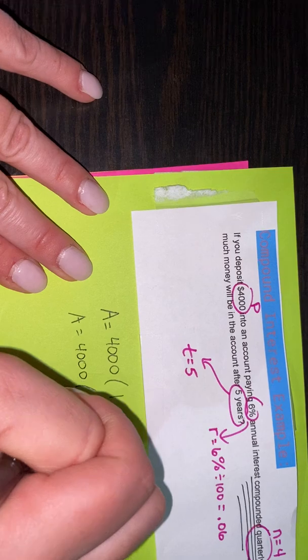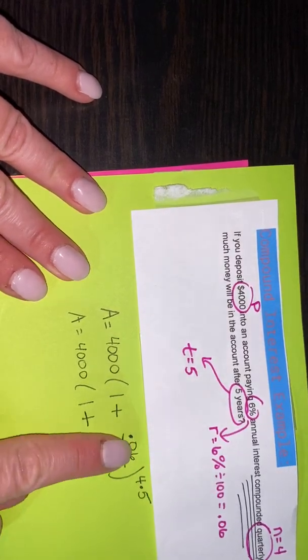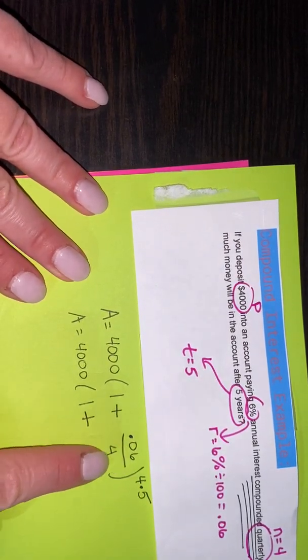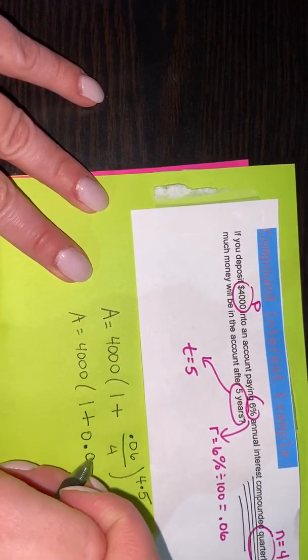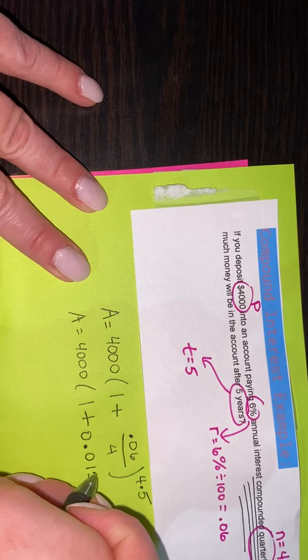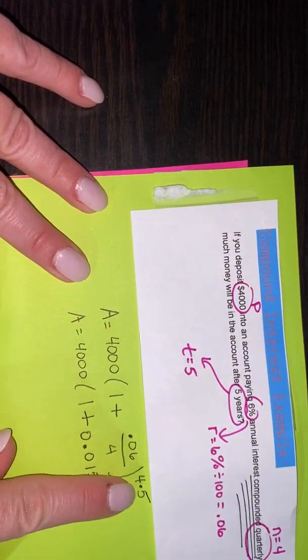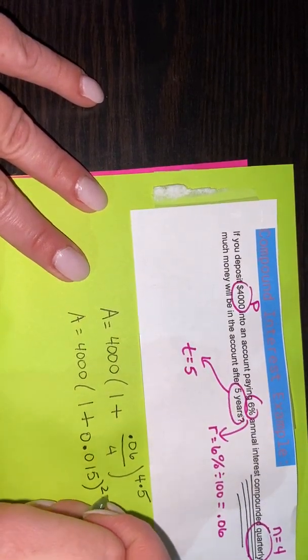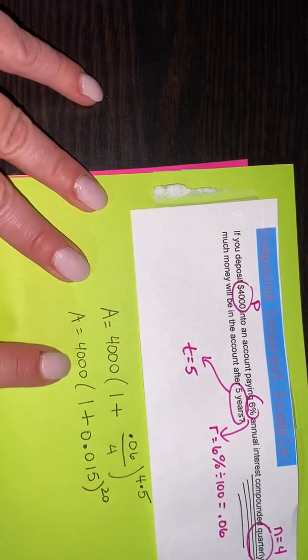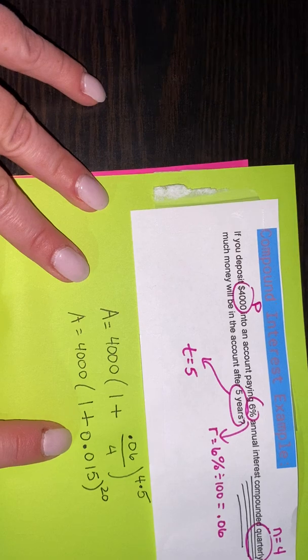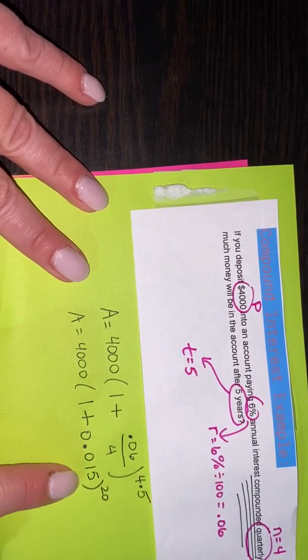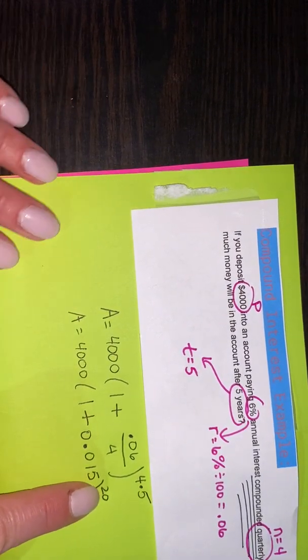I would put 0.06 divided by 4 and write that down. Otherwise, your keystrokes can get a little confusing on your calculator. And then 4 times 5 is 20. Now I would put this completely into your calculator: 4,000 parenthesis 1 plus 0.015 close parenthesis exponent 20.